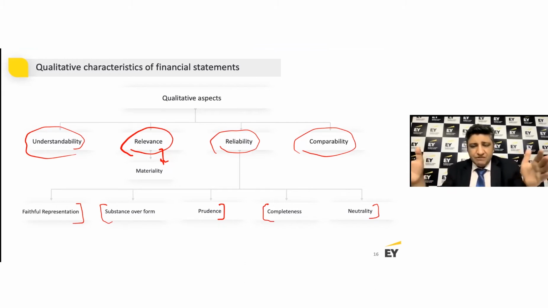Now, when I say I'm preparing a set of financial statements, somebody is going to use that, somebody is going to look at it and take a decision about that company, whether they should continue with their investments or pull their money back.